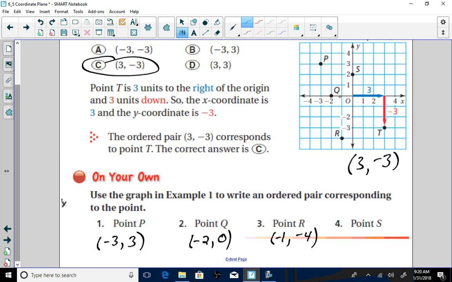From the origin, I don't have to go left or right. So that means my x value is 0. It's located at 0 on the x-axis, but it's at +2 on the y-axis. So the location of point S would be 0, 2.